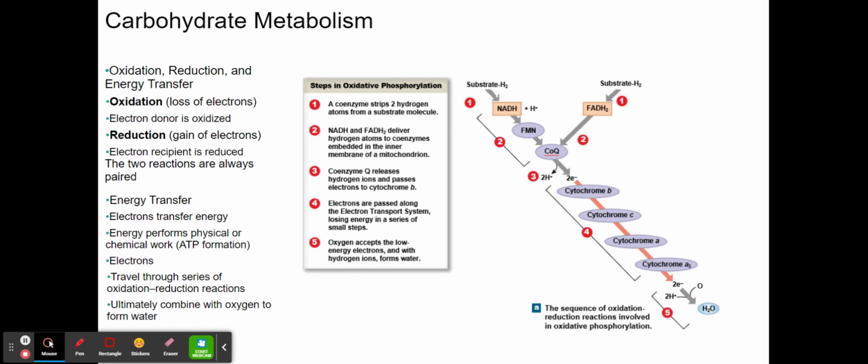The two reactions are always paired. When electrons pass from one molecule to another, the electron donor is oxidized and the electron recipient is reduced. Oxidation and reduction are important because electrons carry chemical energy. In a typical oxidation-reduction reaction, or a redox reaction, the reduced molecules gain energy at the expense of the oxidized molecule.